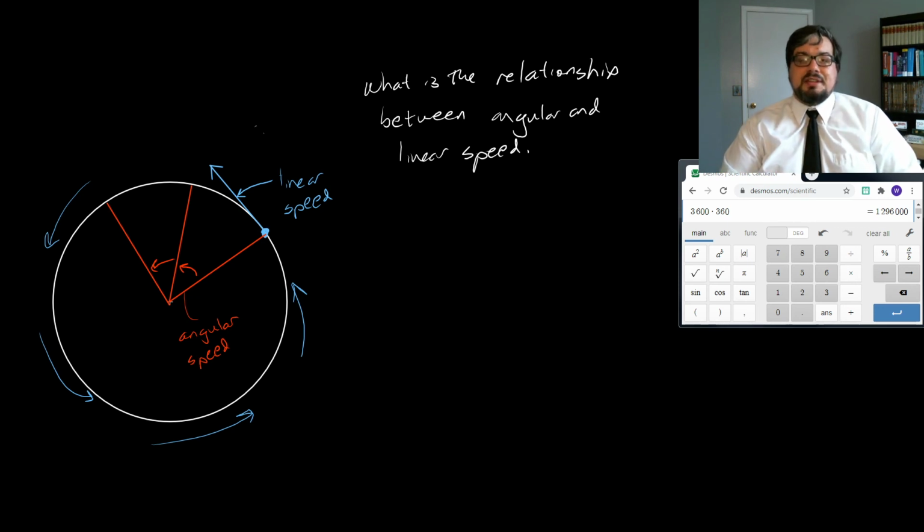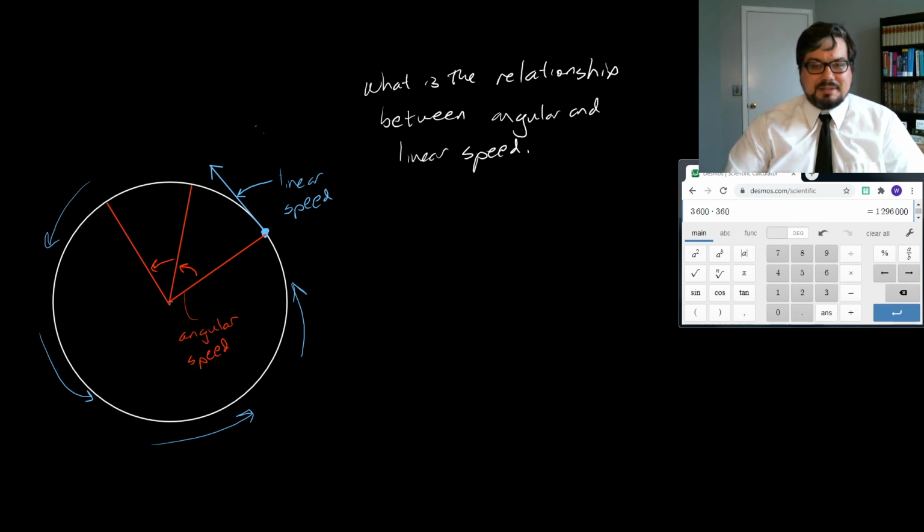Well, we can do this using our notion of how we calculate speed to begin with, and by using our formulas that we had before, assuming, again, we're measuring everything in radians.